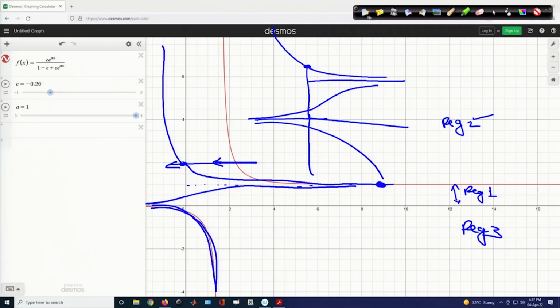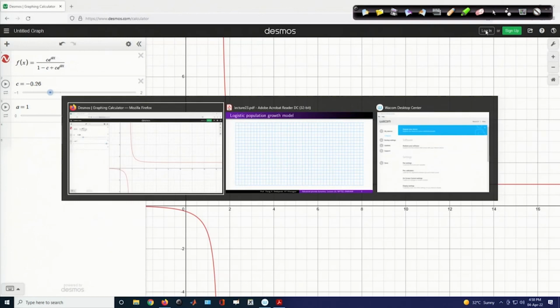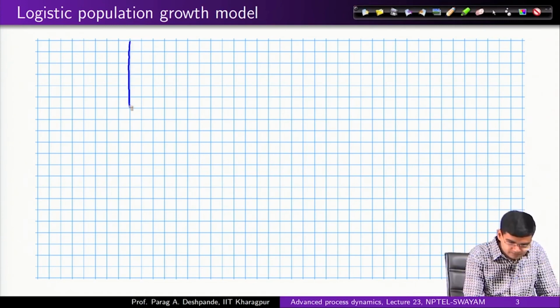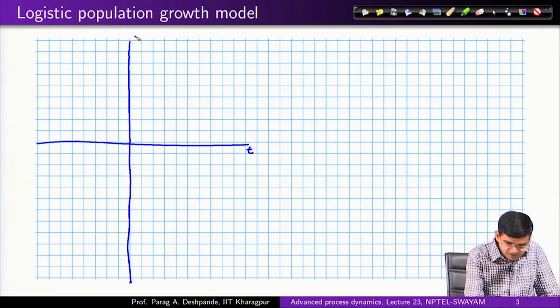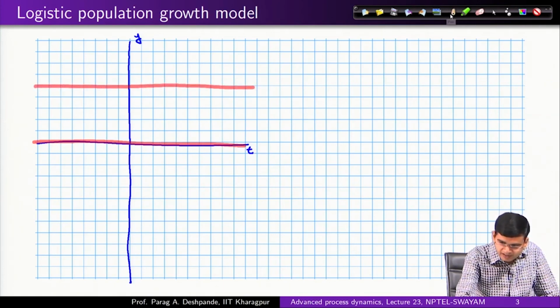So, let me quickly redraw all of the regions of this phase portrait neatly. I will have t, I will have y, I will have 2 equilibrium solutions, and the phase lines would look like this.